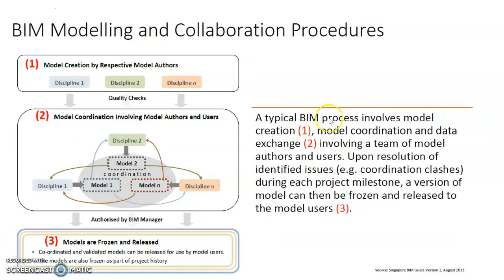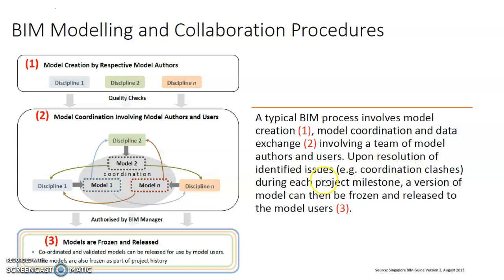The typical BIM process will involve model creation by the different trades or the different disciplines, and the different models that are created will need to be coordinated among themselves. So there will be model coordination and data exchange, involving the team of the model authors and the users.